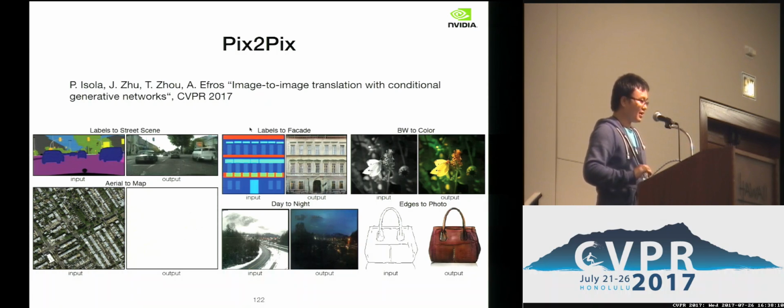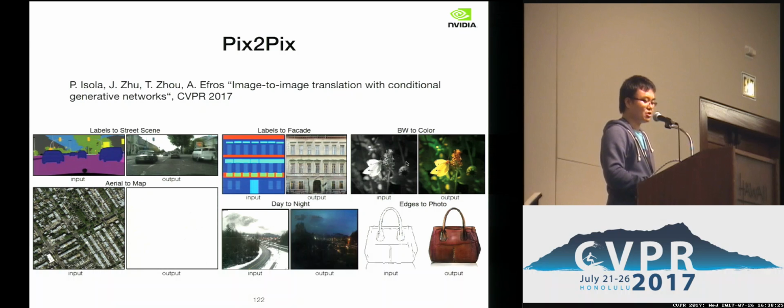So this is the result they show. They show that they can convert semantic labels to images, facades, grayscale images to color images, satellite images to maps, winter to daytime to nighttime, hand drawings to images.